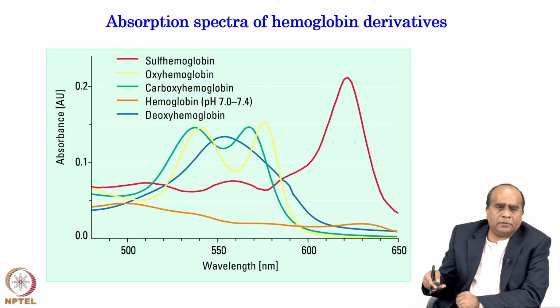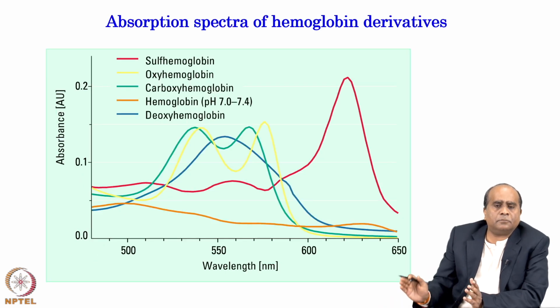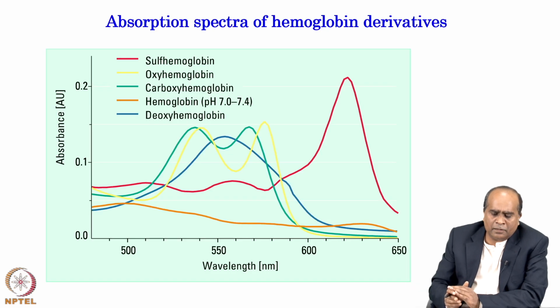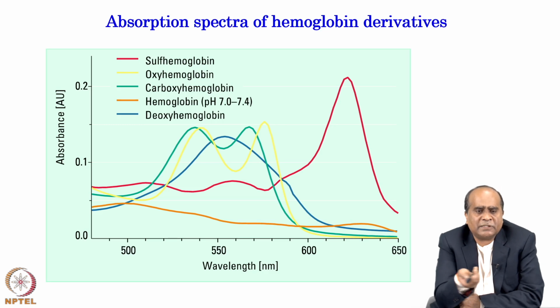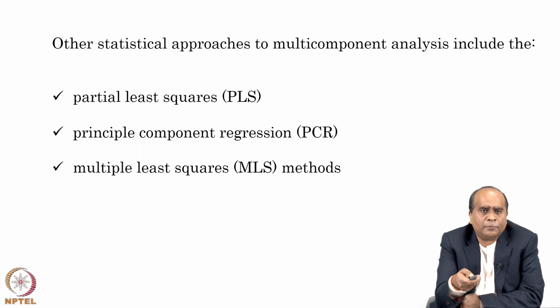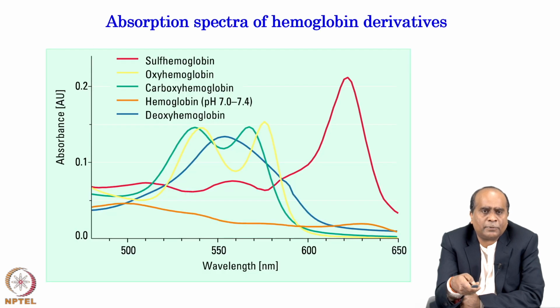Great. So, now suppose there is a mixture of many components, say let us take hemoglobin derivatives. These are all hemoglobin derivatives that contribute to the spectrum between, say, 450 to 650. If you look at the different components, oxyhemoglobin has 2 absorptions, that is the yellow, one around, say, 490, another around 570, right.